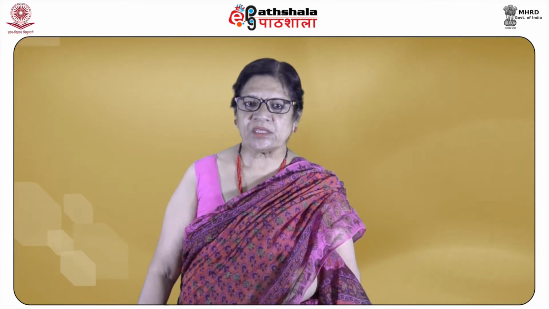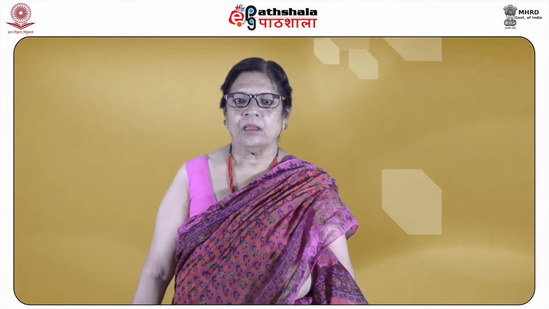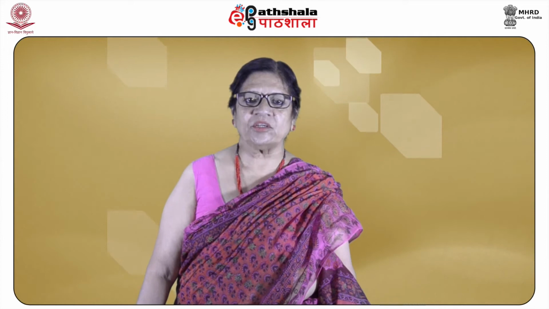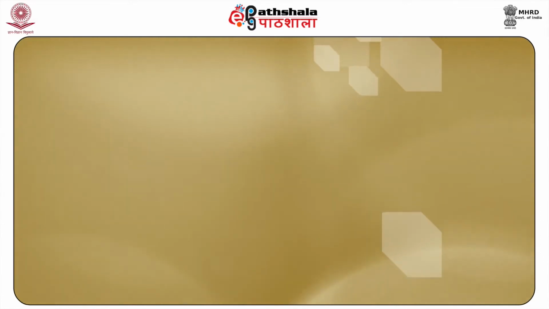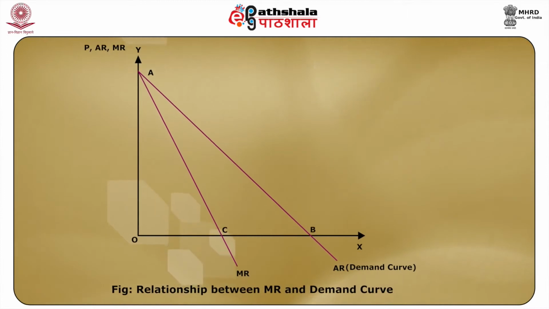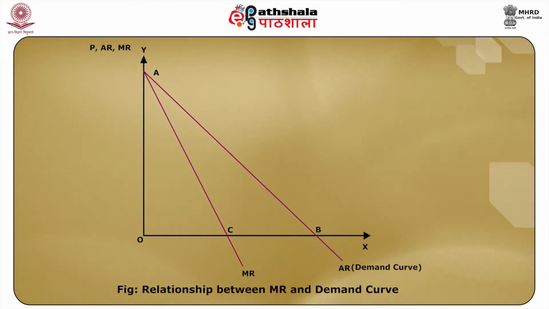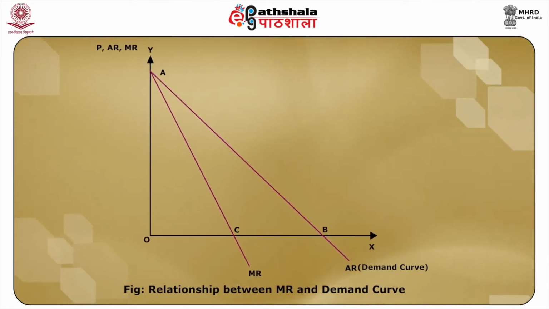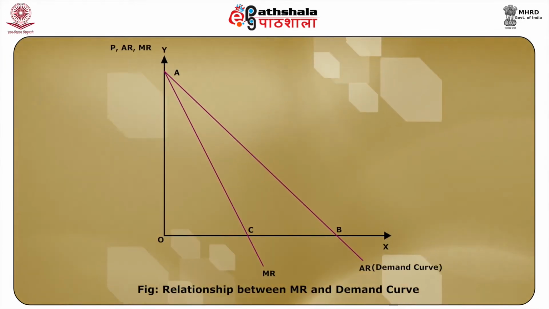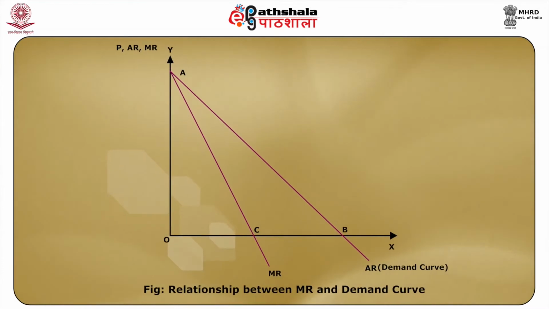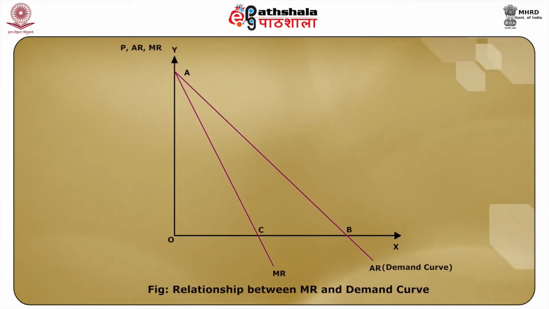Differentiating equation 6 with respect to X, we can write the MR function as MR = B1 - 2B2X. The marginal revenue is a straight line having the same intercept as that of the demand curve, but its slope is twice the slope of demand curve as shown in the figure.